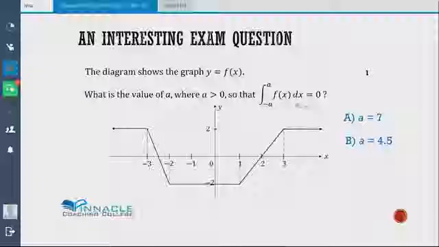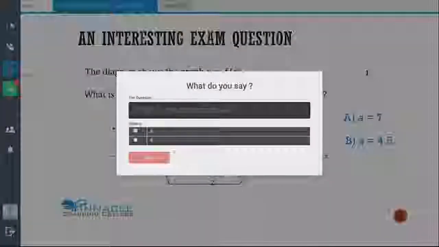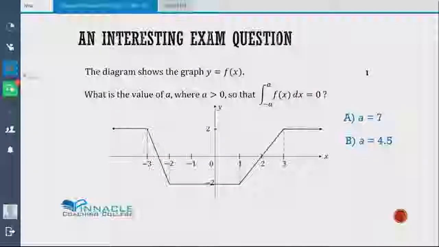All right, so I'm going to put up the poll now just to see what everyone got. All right, so I can see there's an overwhelming majority for B, which would be the correct answer.